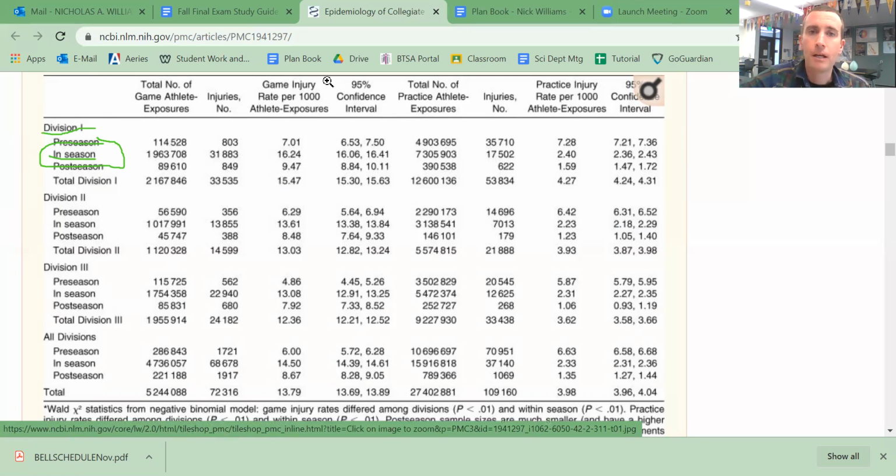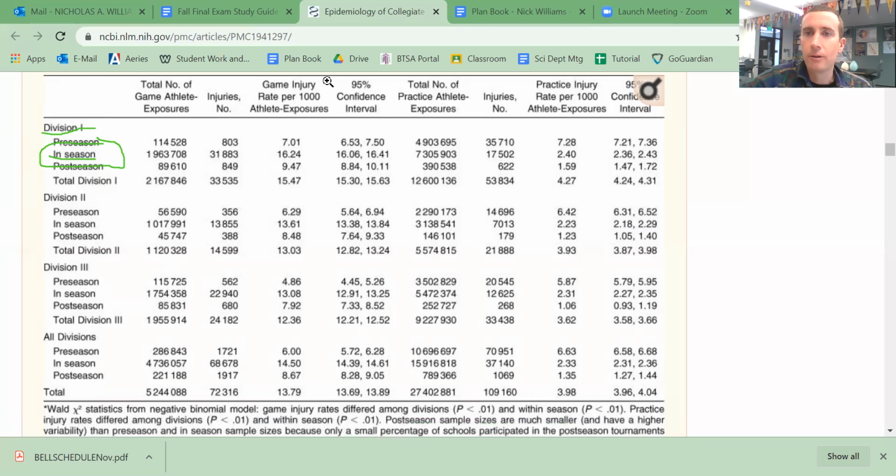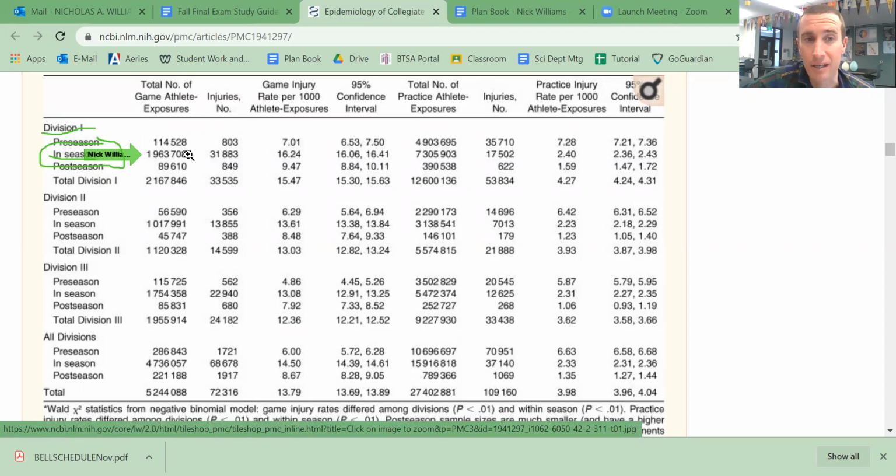All right. So as we look through that row, I would look right in here and highlight in season. So what do we notice? What I see is the total number of game athlete exposures, about 1.9 million.